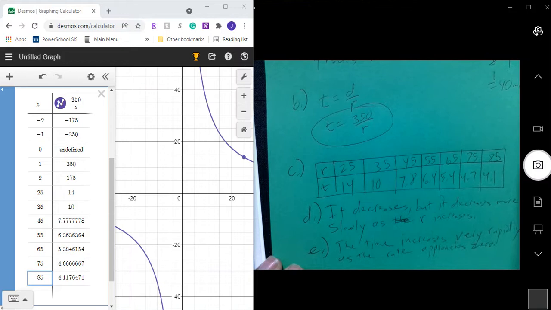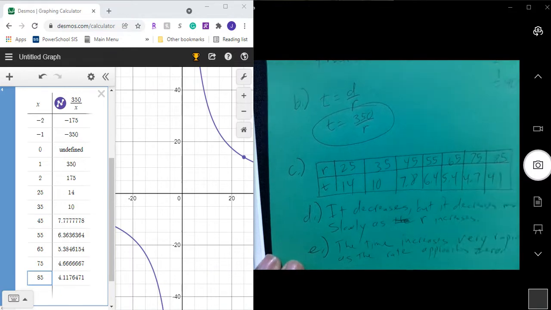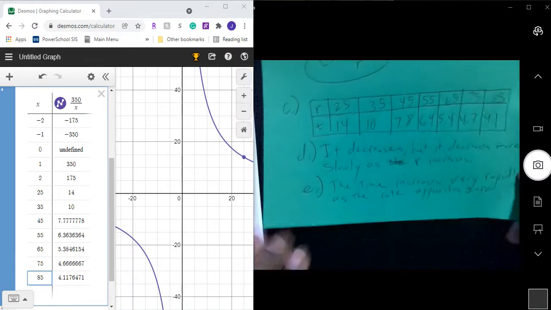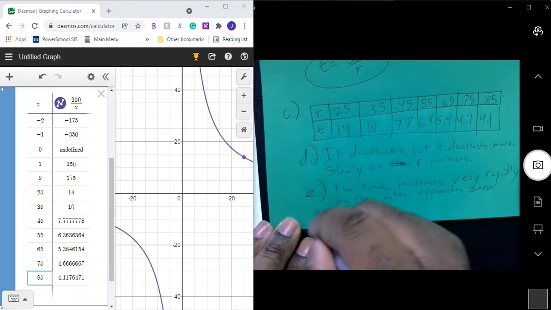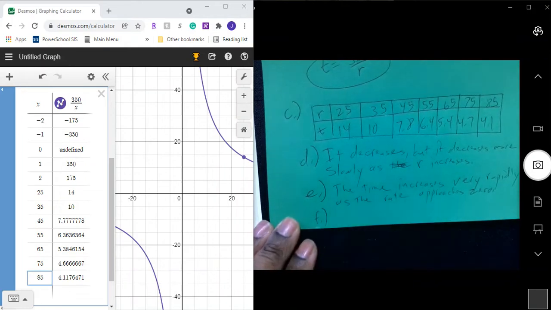So basically, as your rate of speed approaches zero, that means it takes more time to get to your destination.